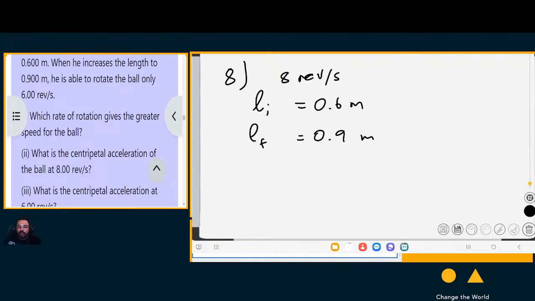So this is a rate of rotation. Finally, it's 8 revs per second, same thing as when you accelerate your car. Now the next one would be 6 revolutions per second.